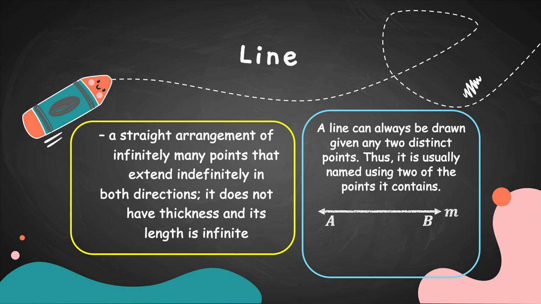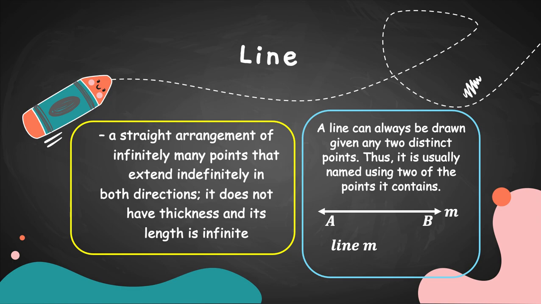So, for example, in this figure, we can name this one using the two distinct points A and B. We can also use the small letter M, just put the word line, so line M, or we can also name this one using the symbol of a line with two arrowheads on the top and the two distinct letters or points on the given line.